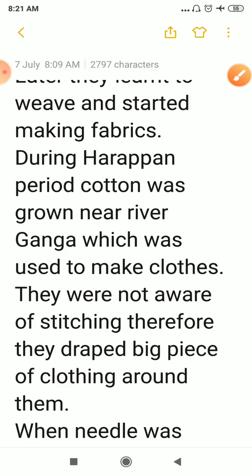At that time, they were not aware of stitching. Therefore, they wove fabric and draped it around their bodies.